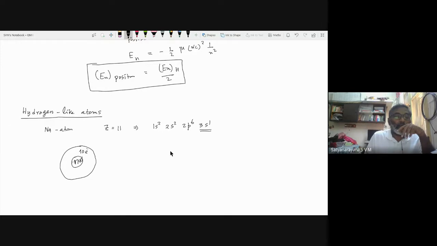And as far as these 10 electrons are concerned, they don't really participate in the mass. So there is only one electron here. So now if you consider this entire core electrons plus nucleus as some kind of an effective nucleus, then it has simply charge plus e, right? But its mass is different. Okay, so its mass is different.